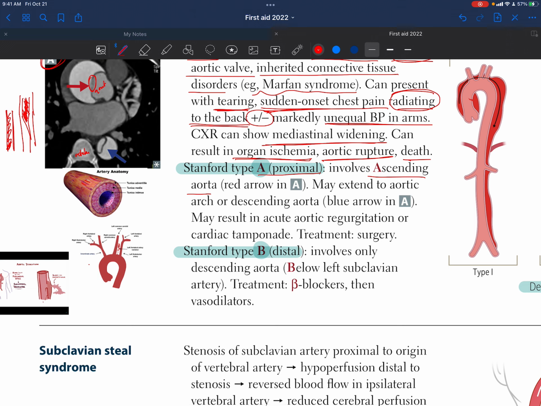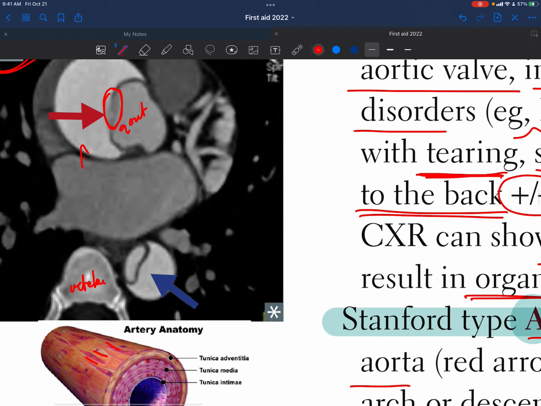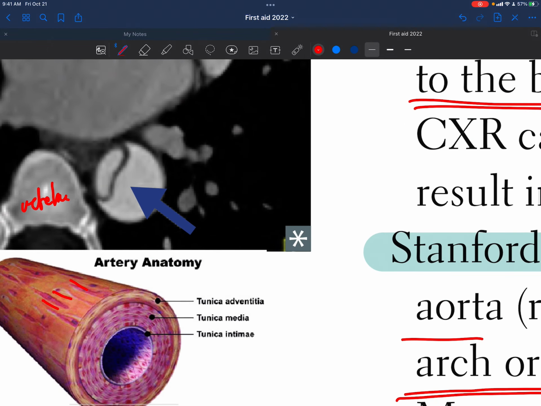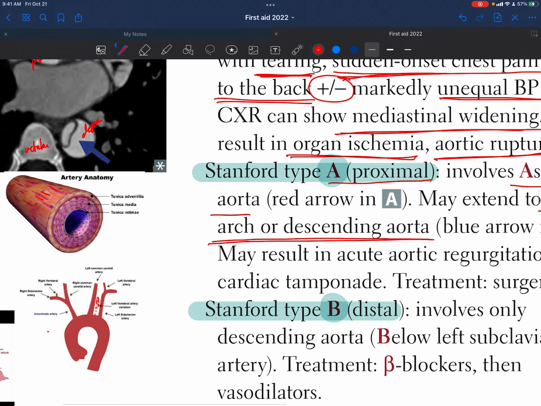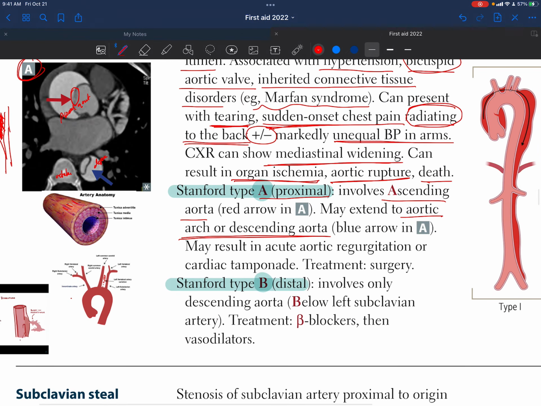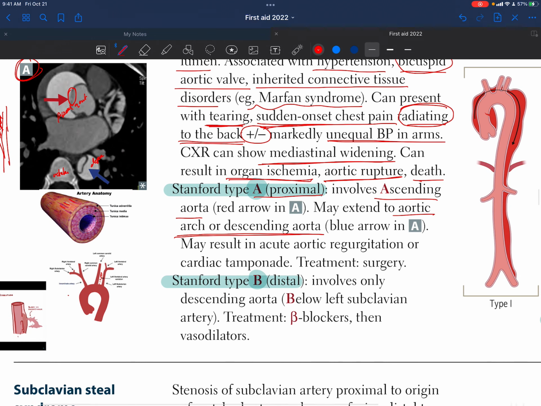It involves the ascending aorta, and may extend to the aortic arch or descending aorta. That is the blue arrow. So this is type A, this is the ascending aorta, while the blue arrow over here is the descending aorta. So it could involve the ascending or descending aorta, but it should start proximally, at the start of the aorta coming out of the heart.